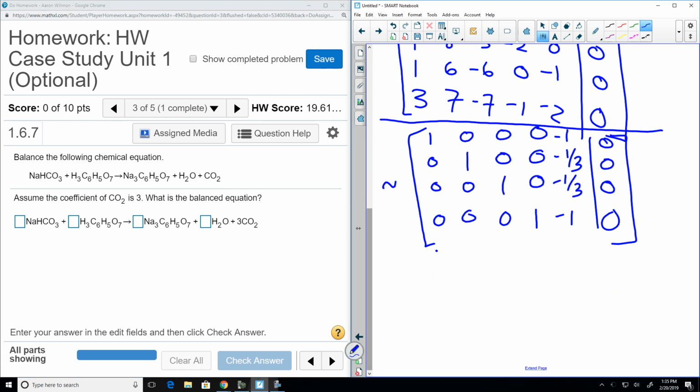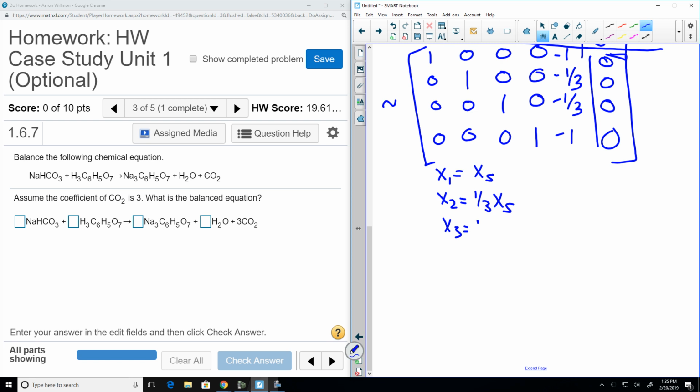So we'll say X1 is X5, right? X2 is 1/3 X5. X3 is 1/3 X5. X4 is X5, and so is X5.